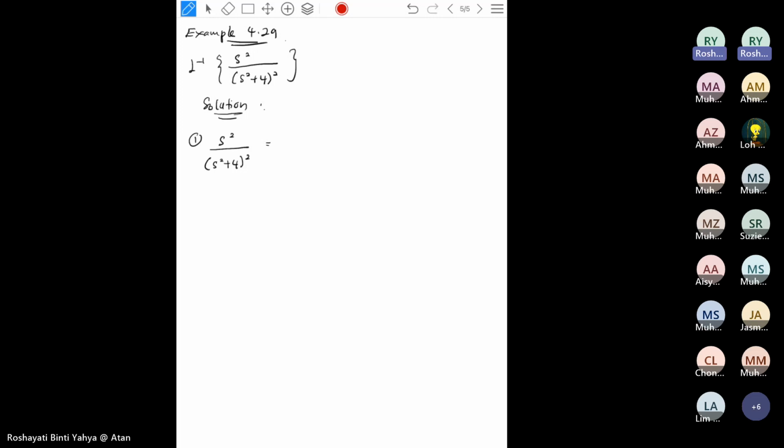So you need to multiply S over S squared plus 4 times S over S squared plus 4. Okay, in this case, your FS and GS have the same value.